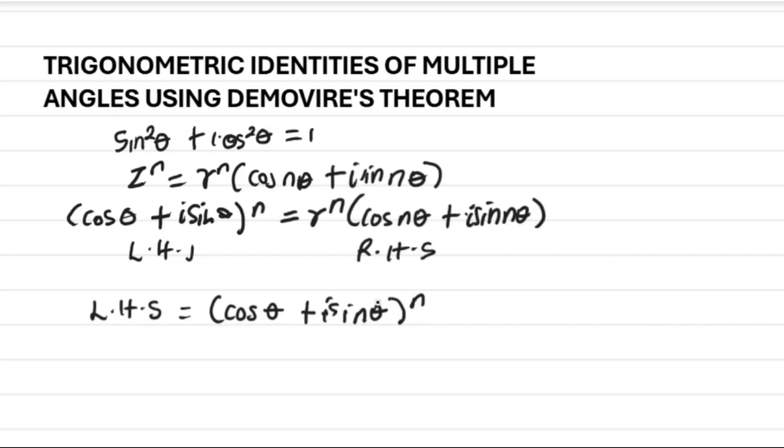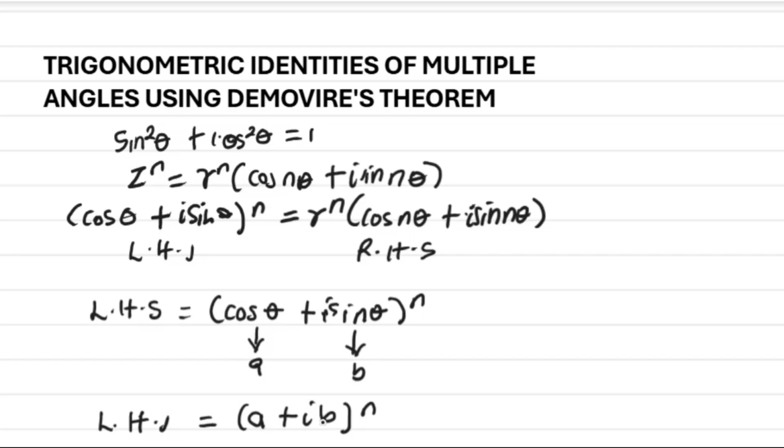Now, don't forget cos theta here can be related to A, and sine theta here can be related to B. So our left hand side is going to give us A plus IB raised to power of n.